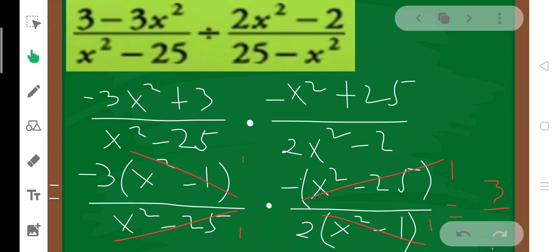So, we have positive 3 over 2. I'm going to write it up. Okay. So, I'm going to write it here. 3 over 2. So, this is our final answer. Ayan.